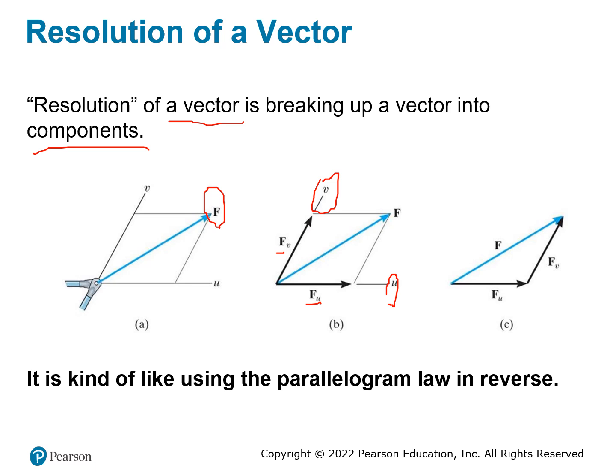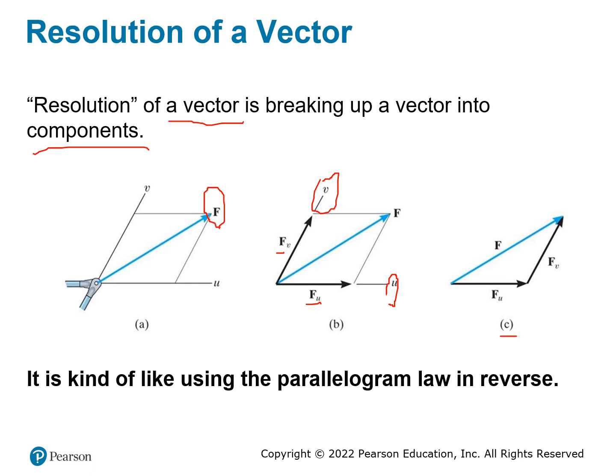So if you get a component of U and a component of V, and you add these two together, it is supposed to give you the same vector F, which is what figure C is trying to tell you.